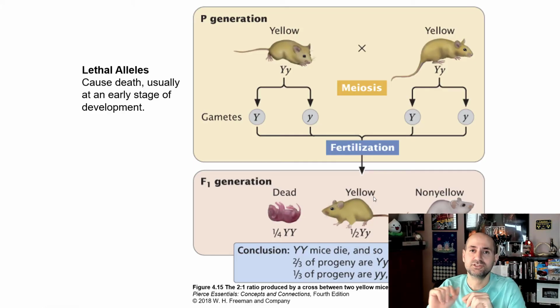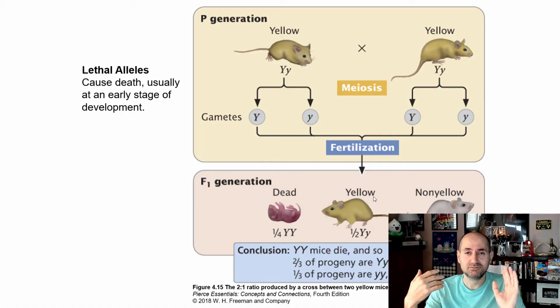Here's another situation that you need to be aware of that can really affect the Mendelian ratios that you expect. And this is the case of lethal alleles. Believe it or not, yellow coat color in mice can be lethal and result in abortion, basically a miscarriage in the mouse.